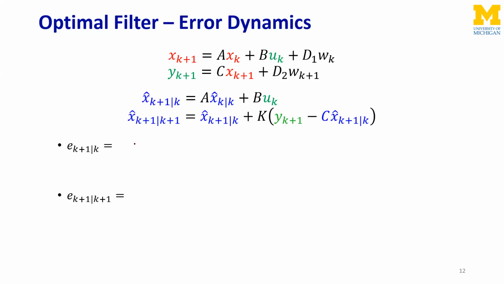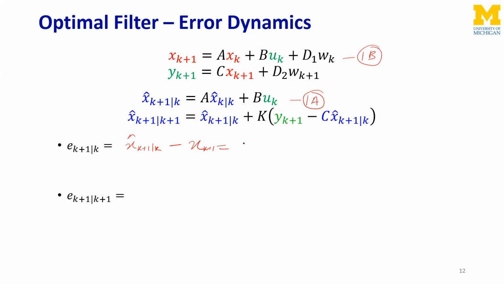So we have to again write down the error dynamics. We have the system, we have the estimator equation. The error dynamics of the prior state is x hat k plus 1 given k minus x k plus 1. There's no hat here, so let me erase that. Okay, so this is going to be given by the difference of these two equations, 1a and 1b.